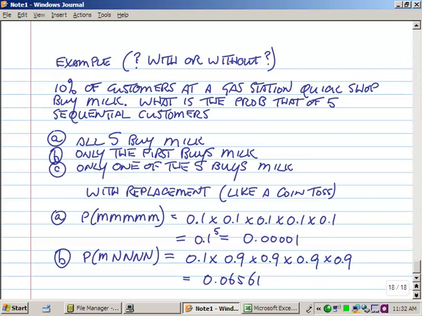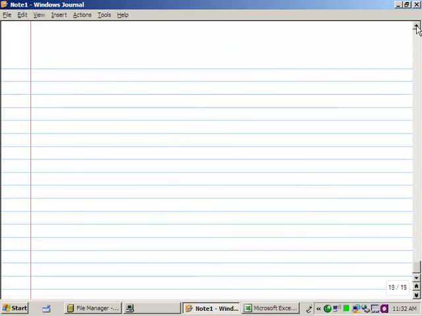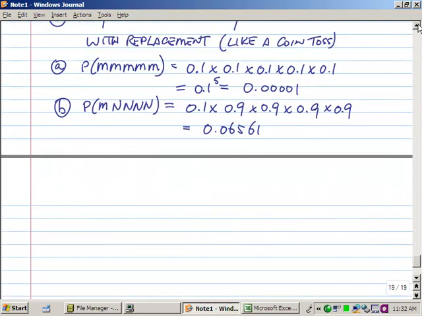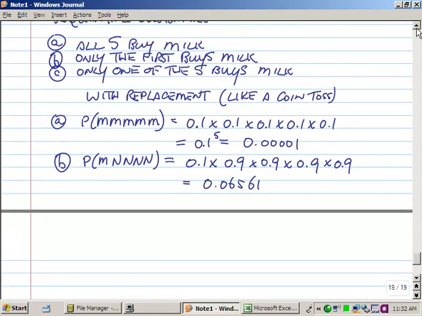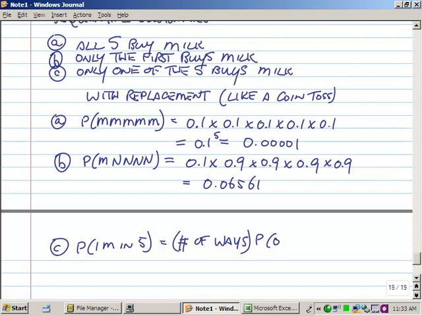Alright, and then part C. Only 1 out of 5 buys milk. Right? So 1 milk in 5. So this is one of those problems where you're not told the sequence, like in part B. So there's a number of ways times the probability of one way.